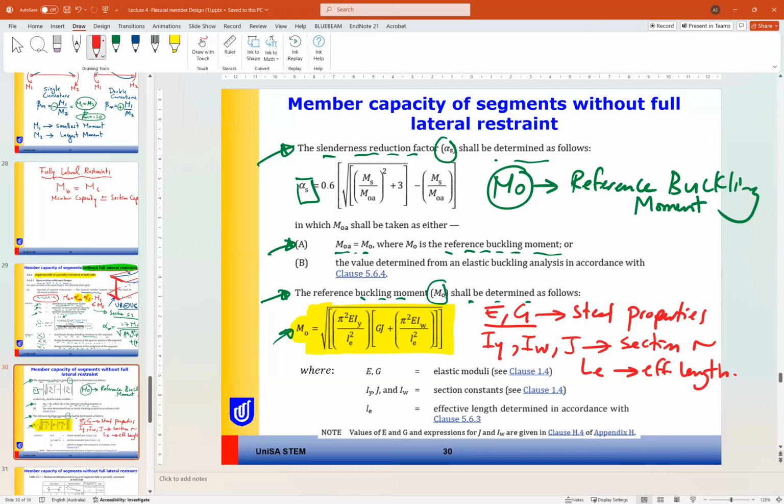If we know all these values, we can find the reference buckling moment. E and G are the elastic moduli, Iy, J and Iw are section constants, and LE is the effective length of the section.